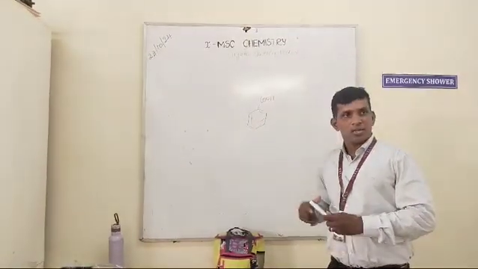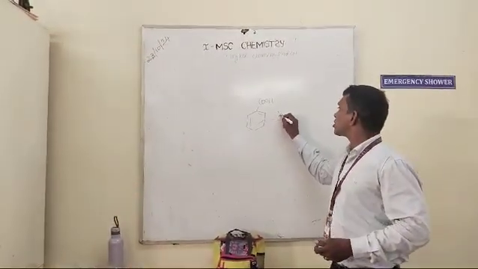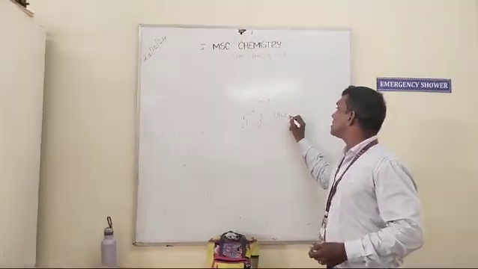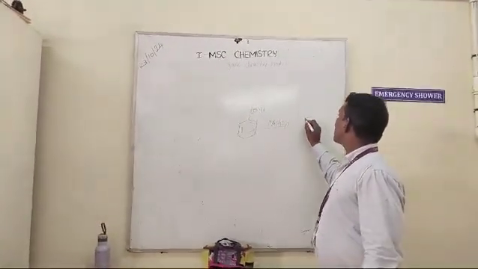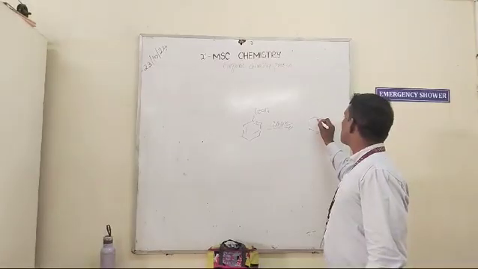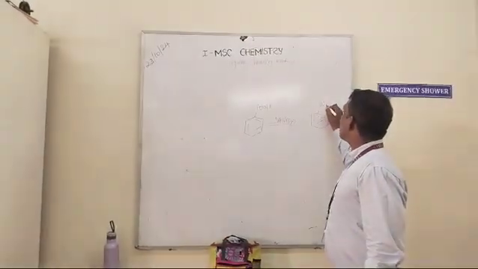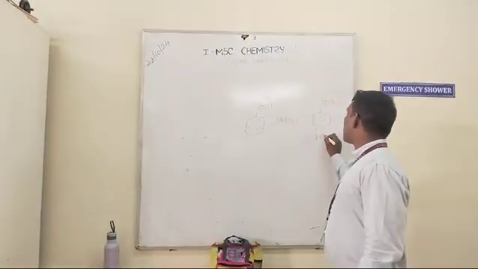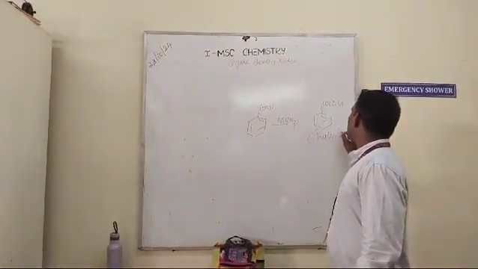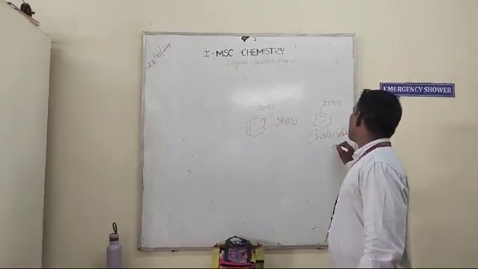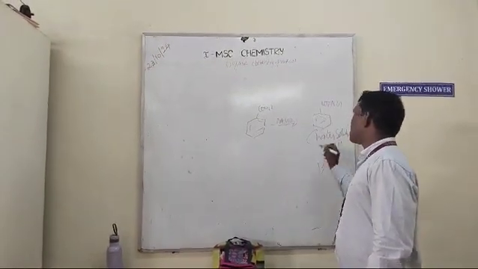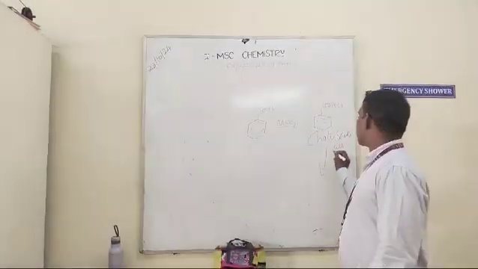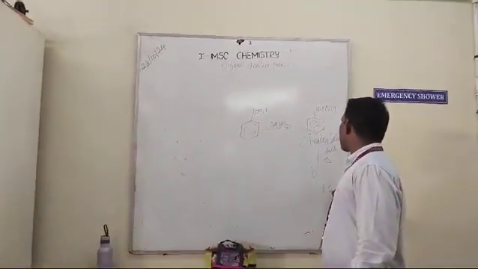Point number 1. What will happen if I add the sodium bicarbonate? It's a weak base. It will react with benzoic acid to give COONa, which is a water soluble salt. If you heat it, it will liberate the carbon dioxide.